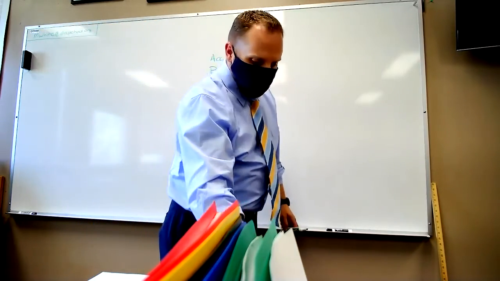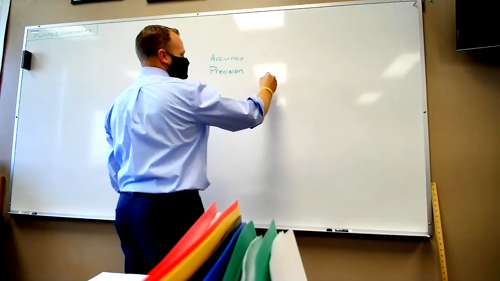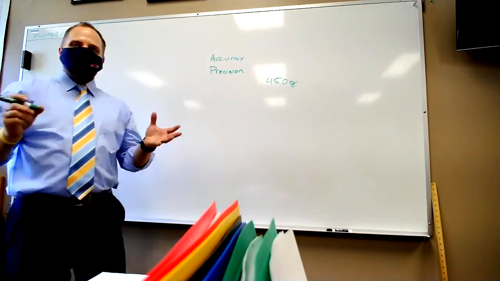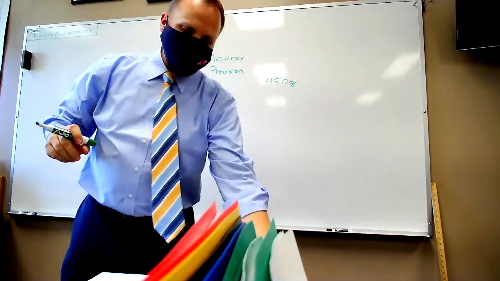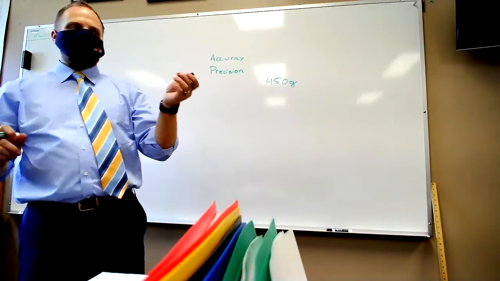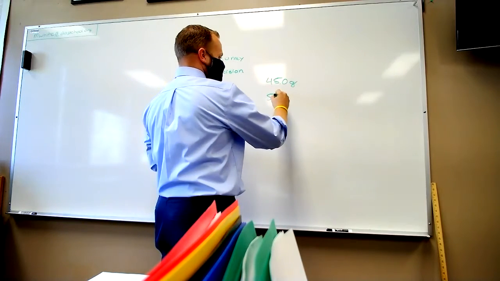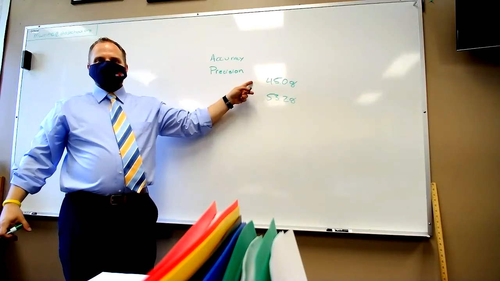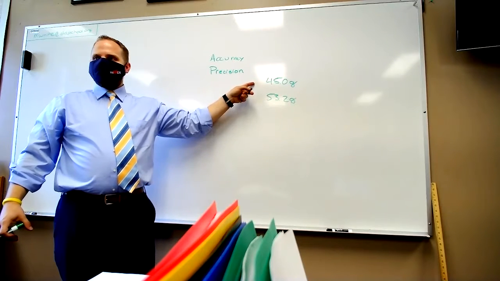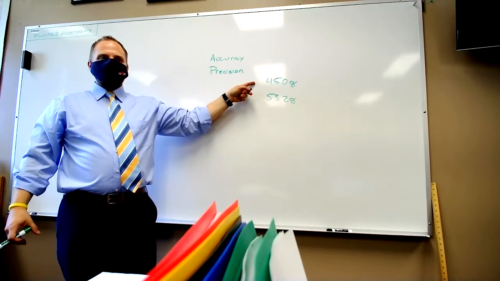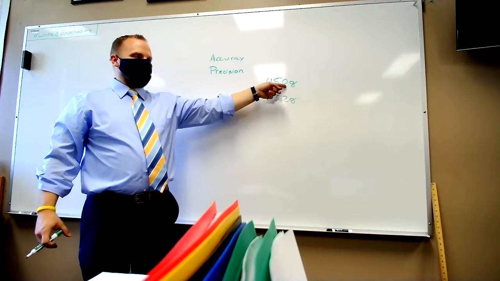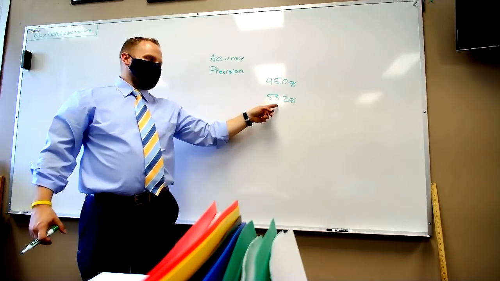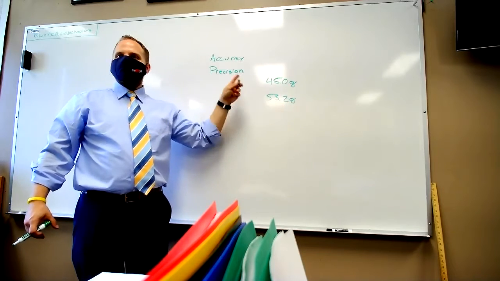So if we measured 45 grams, but in actuality, this was 53.2 grams. Is that an accurate measurement? If we measured 45.0 grams, but the true mass is 53.2 grams, were we accurate?